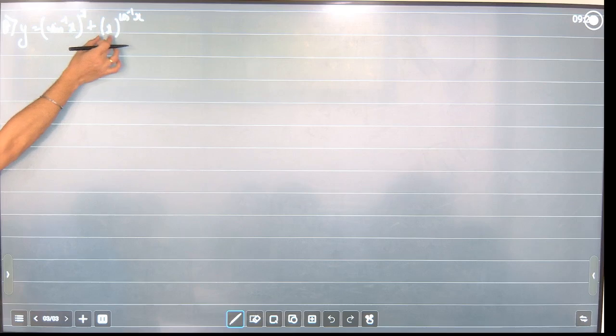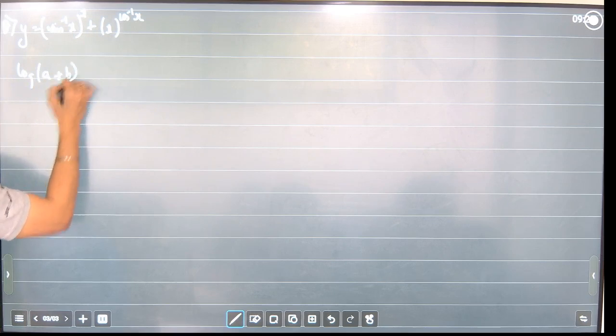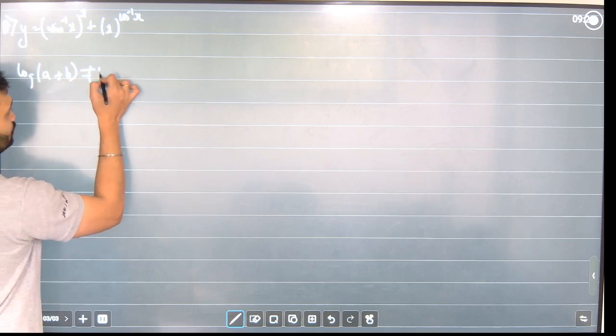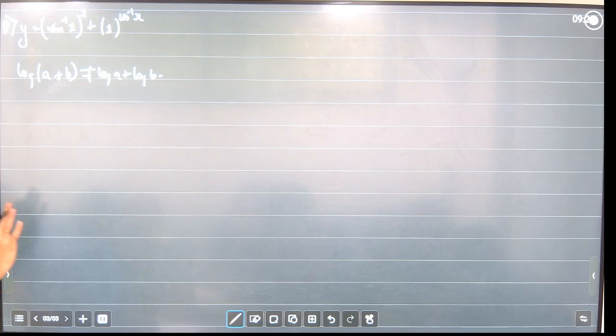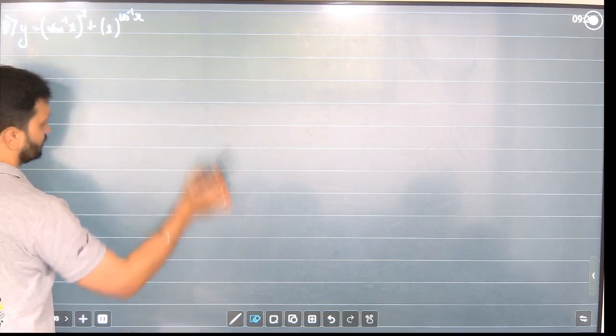This is an individual sum, this is an individual sum. I can't take log because there is no formula for log a plus b. Log a plus b is not equal to log a plus log b. So what we are going to do is solve it separately.